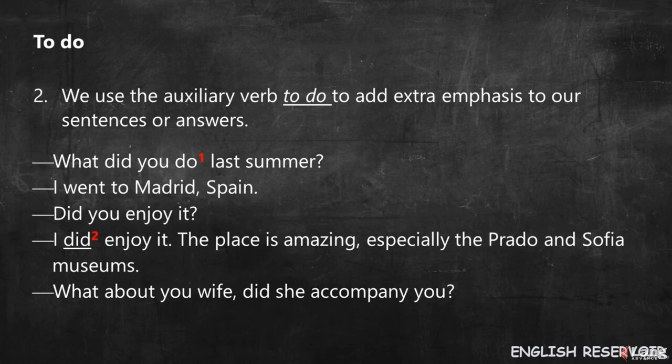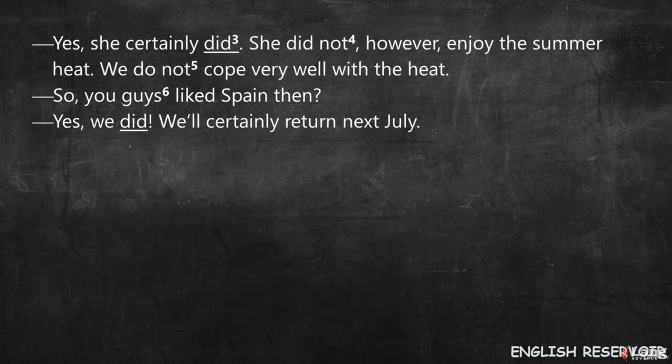The place is amazing, especially the Prado and Sofia museums. What about your wife? Did she accompany you? Yes, she certainly did. She did not, however, enjoy the summer heat. We do not cope very well with the heat. So you guys liked Spain then? Yes, we did. We'll certainly return next July.